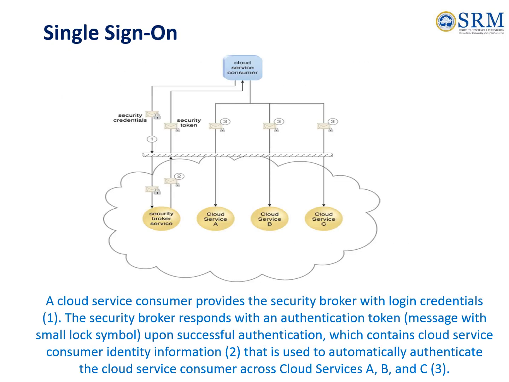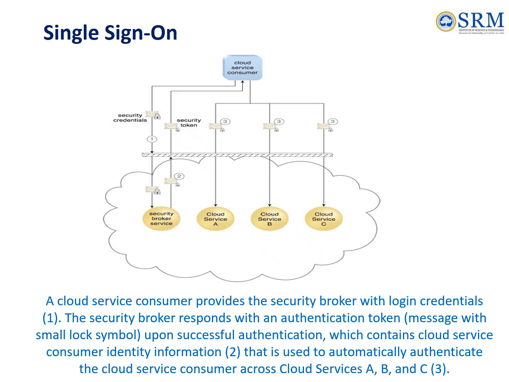Now, let us understand how single sign-on works using this diagram. First, the cloud service consumer sends login credentials to the security broker. The security broker acts like a central authentication authority. After verifying the user credentials, the security broker generates an authentication token containing the user's identity information.